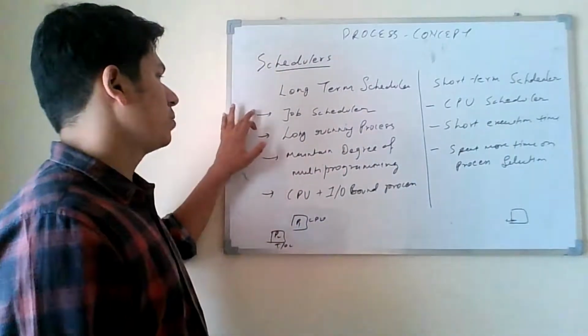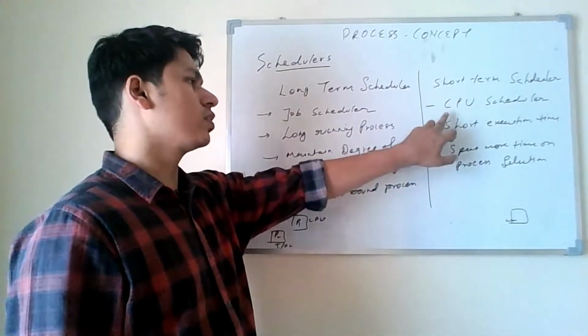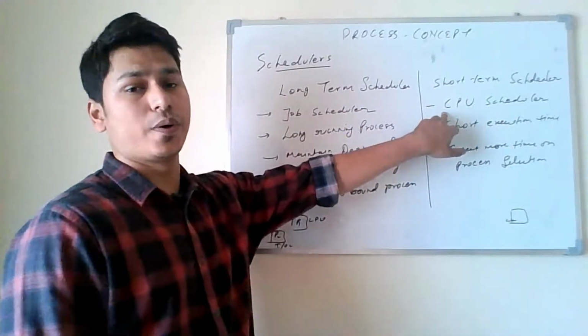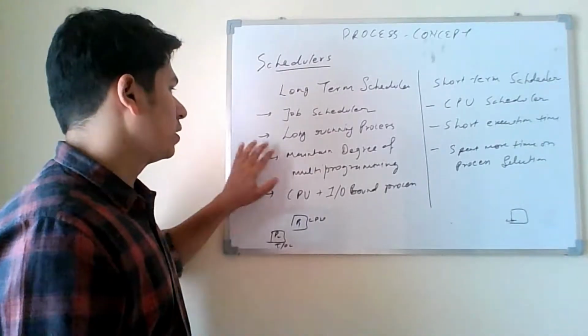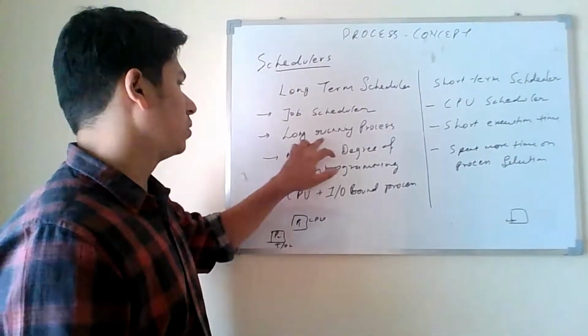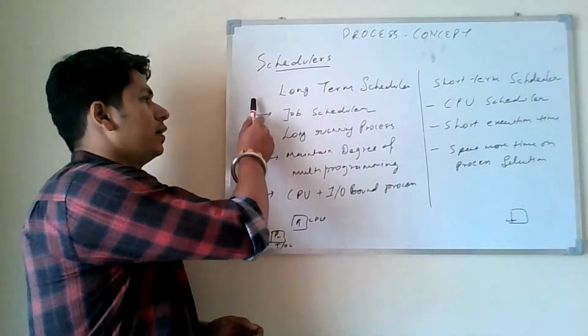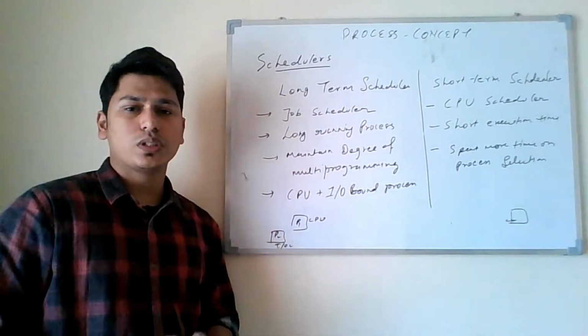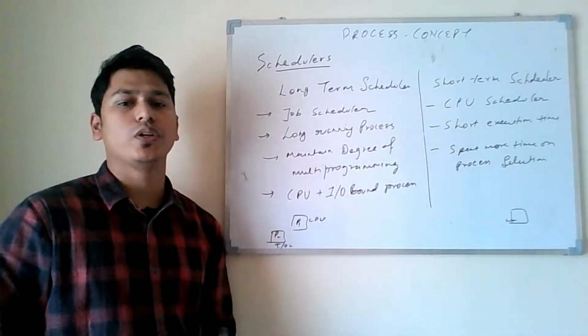First, the long-term scheduler is also known as the job scheduler, whereas the short-term scheduler is also known as the CPU scheduler. The long-term scheduler is used more often for long-running processes, and it executes less frequently as compared to the short-term scheduler.